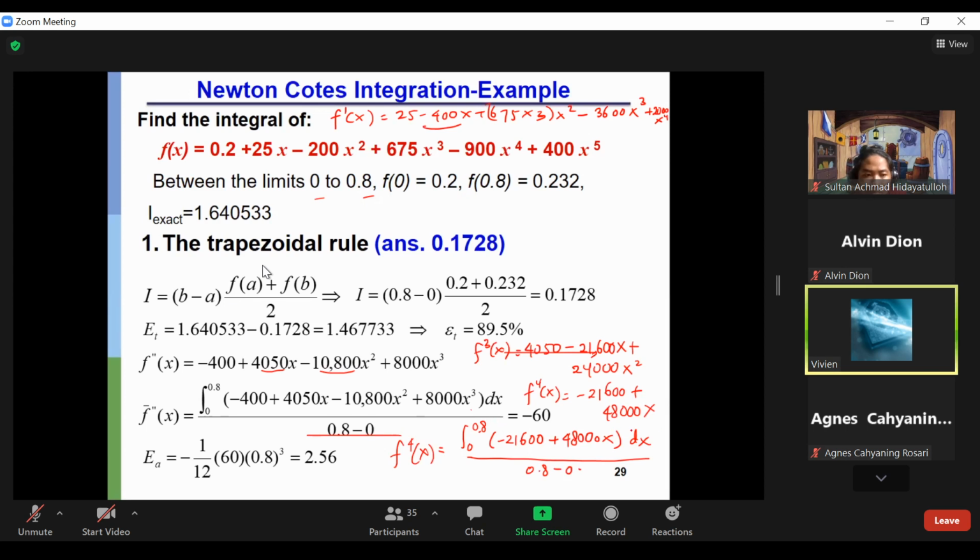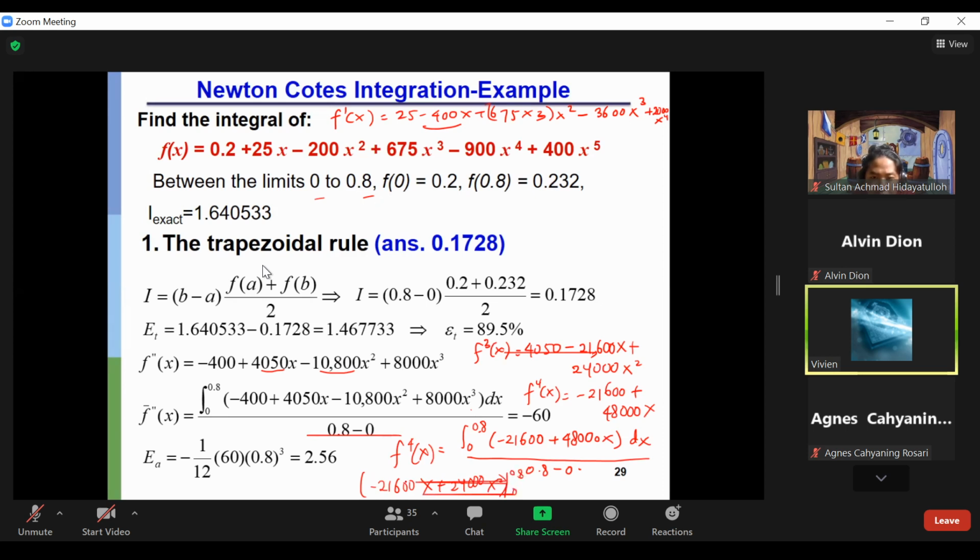So if we do the integration, that will be minus 21,600x plus 24,000x squared, from the limits between 0 up to 0.8.